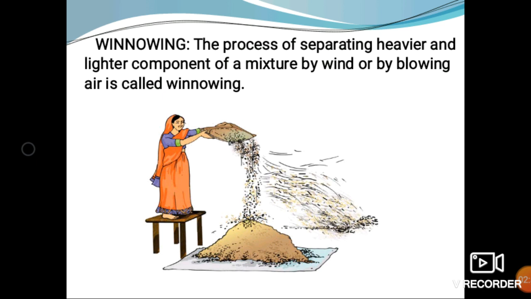The lighter components blow away by the wind. You can see it. That is winnowing. The lighter and heavier components are separated with this method. We shall explain in detail in class again. So we shall go to the next slide.